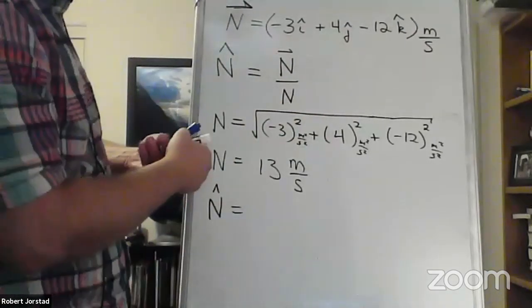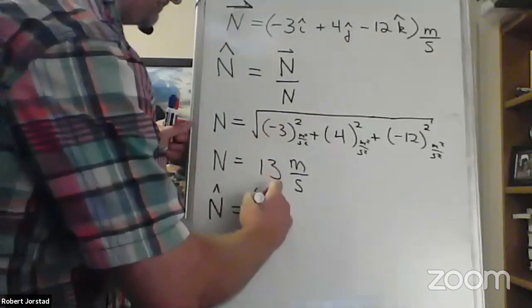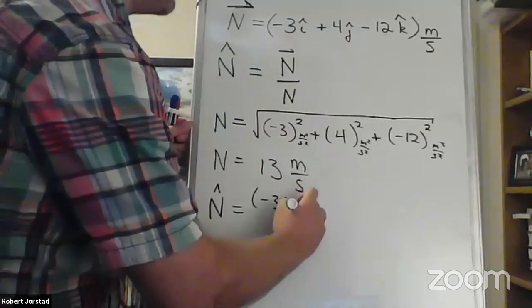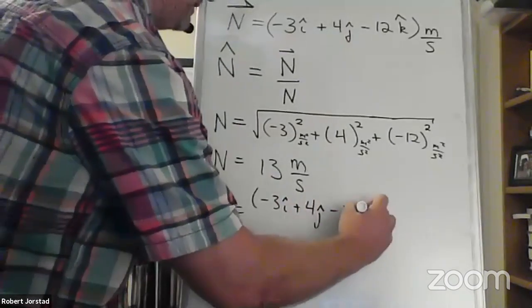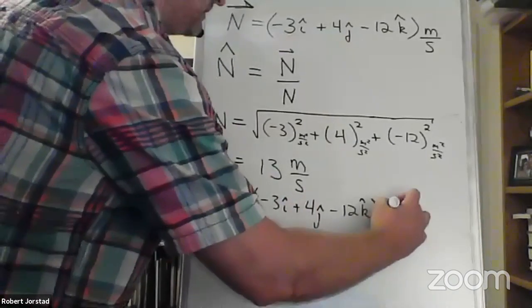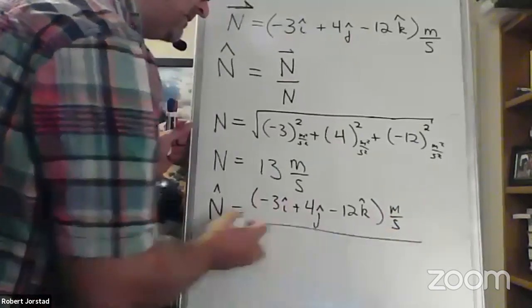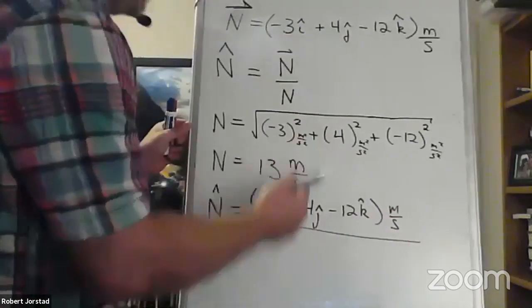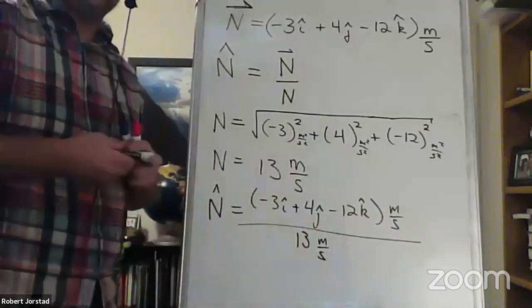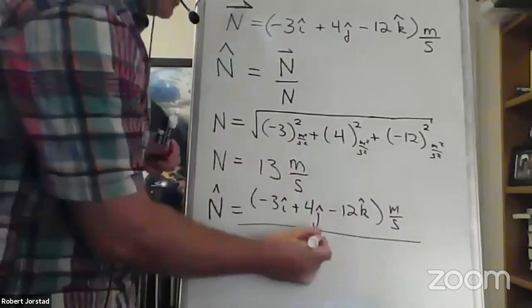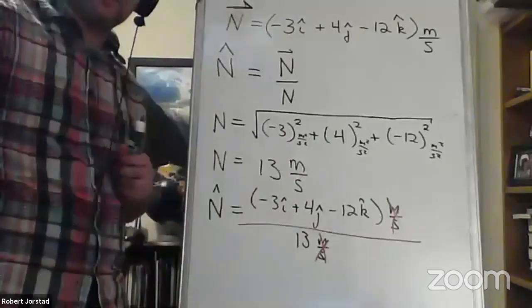Let's do it. So I should get, and again, we're being lazy with sig figs because of whiteboard Zoom hell. And I can see the units drop out.